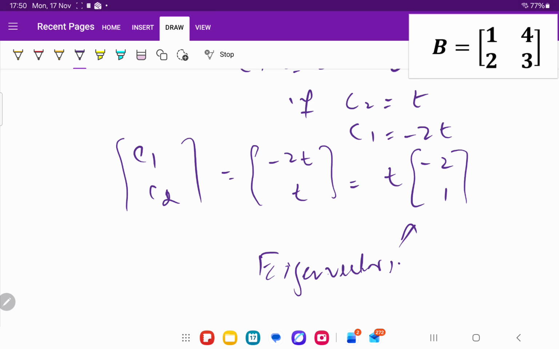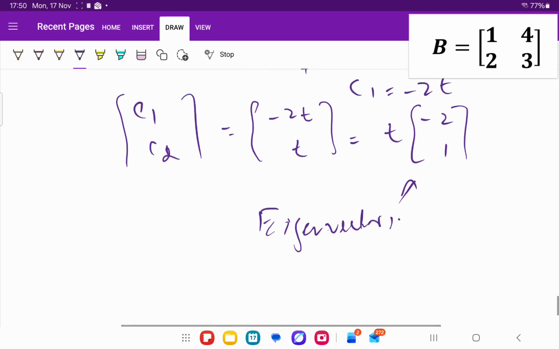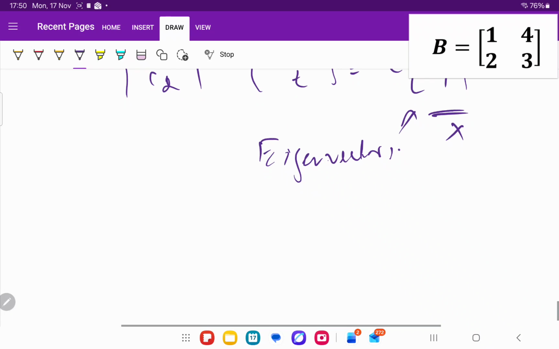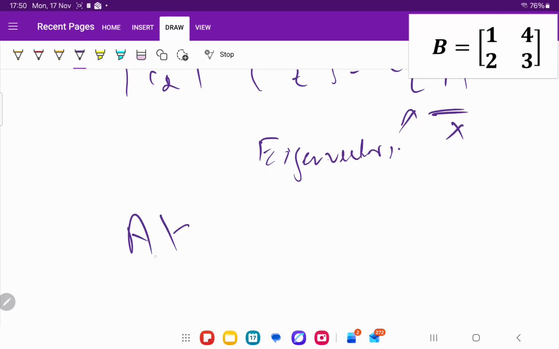Now I'll proceed to test how we apply the testing of the eigenvalues and eigenvector. The eigenvector is represented by x. So the formula is Ax is equal to lambda x.